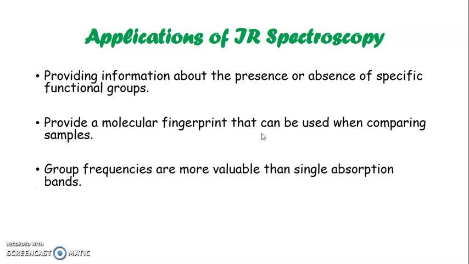In IR spectroscopy, group frequencies are more valuable than single absorption bands. In other words, a functional group that gives rise to many characteristic absorptions can usually be identified more definitely than a functional group that gives rise to only one characteristic absorption.